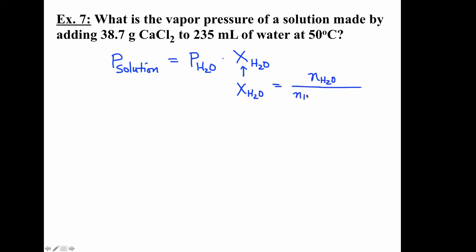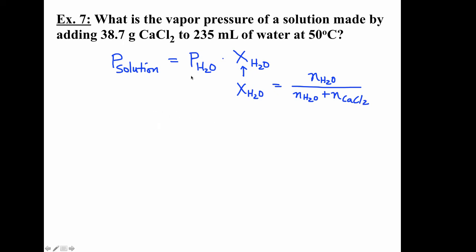So, how we determine the vapor pressure of a solution is we know that it is equal to the vapor pressure of the pure solvent, which in this case is water, times the mole fraction of the solvent, which is water, and the mole fraction of water is equal to moles of water over moles total, which is moles of water plus moles of calcium chloride.